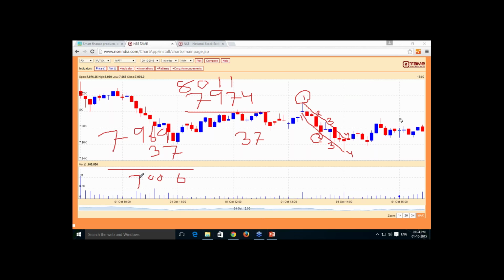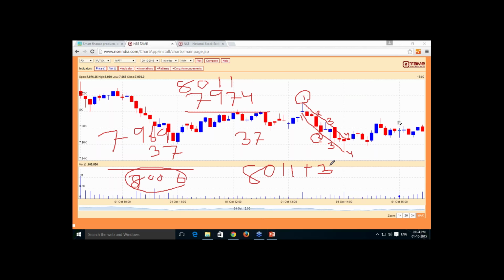So this is 8. This is telling me once the price moves above 8006, then my trend will be up. And if the uptrend happens as per this flat pattern, then I can move to the high which is 8011. So on 8011, I need to add 37.